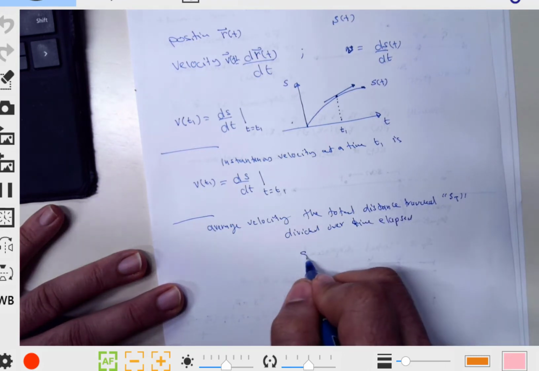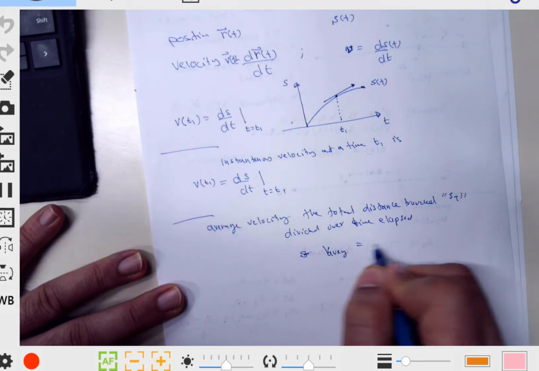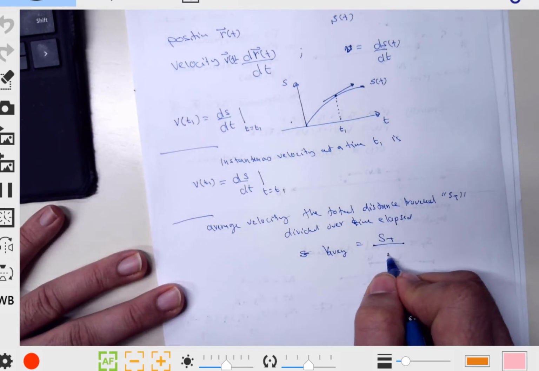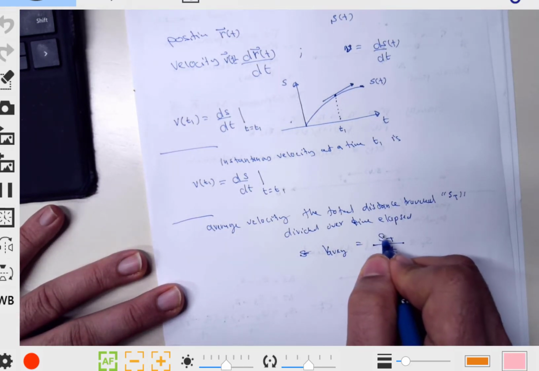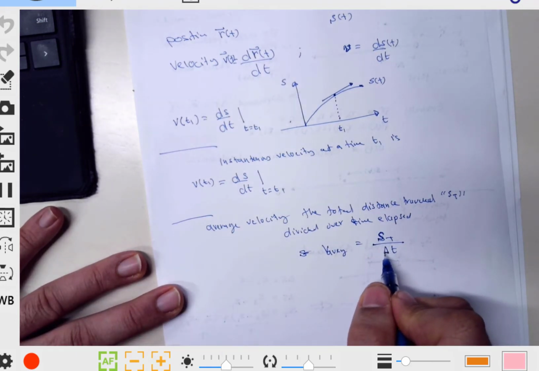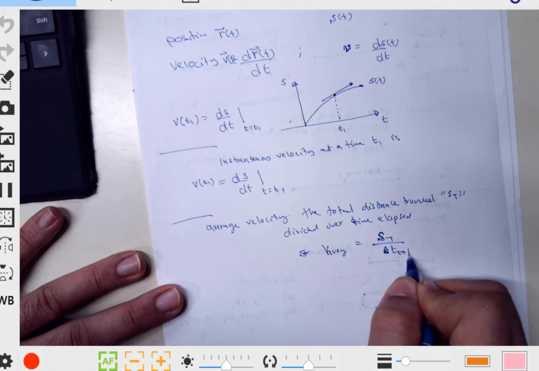Or we call it v average, equal to s of t over what? Over delta t, time elapsed, or total time. I would say total time. Total. That's better.